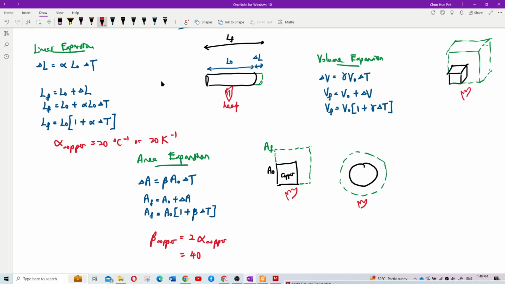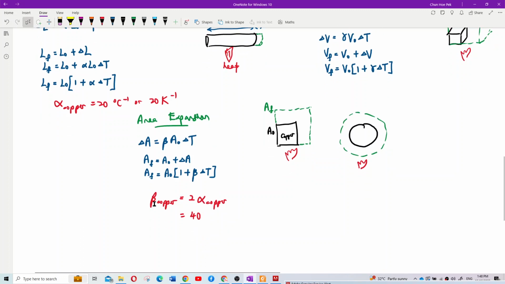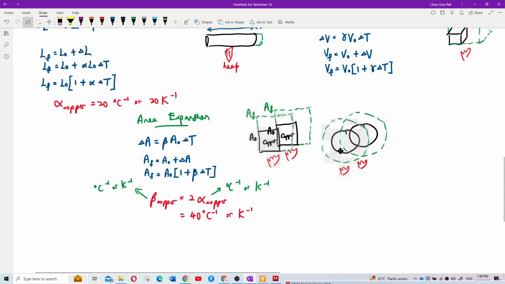The unit is the same as the unit of alpha, because alpha is per degree Celsius or per Kelvin. So beta will be 40 per degree Celsius or per Kelvin. Understand?